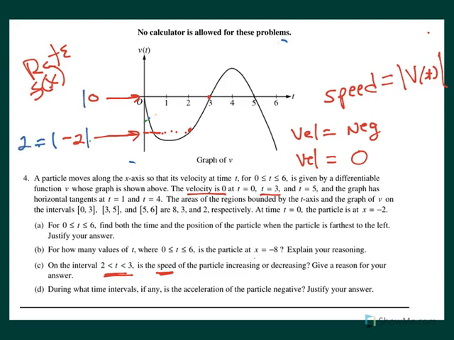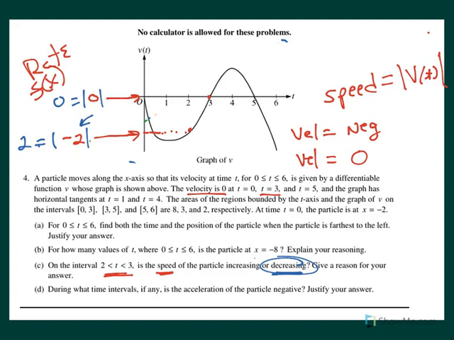And then here, the speed would be 0. So it's going from a speed of 2 to a speed of 0. So it says on the interval, is the speed of the particle increasing or decreasing? So we're going to want to say that the speed is decreasing because it's going from a speed of 2 to a speed of 0.